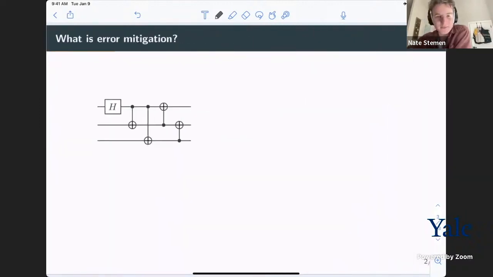All right, so to start with the question, first of all, what is error mitigation? In quantum computing, we often work in this circuit-based model, and so you create some circuit that you're going to want to know something about, whether it's the output state or the statistics or whatever it may be, and you want to go run that on a quantum computer, and you do that.